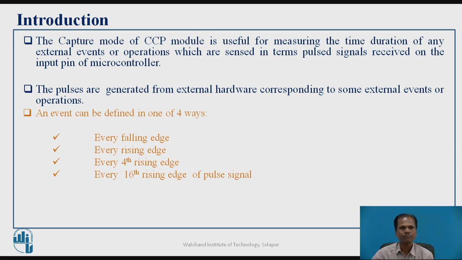An event can be defined or programmed in one of four ways. So an event can be detected at every falling edge of the pulse, at every rising edge of the pulse, at every fourth rising edge of pulsed signal, or every 16th rising edge of pulsed signal received on the input pin of CCP module of PIC microcontroller.